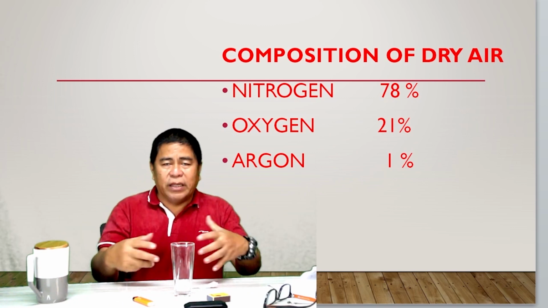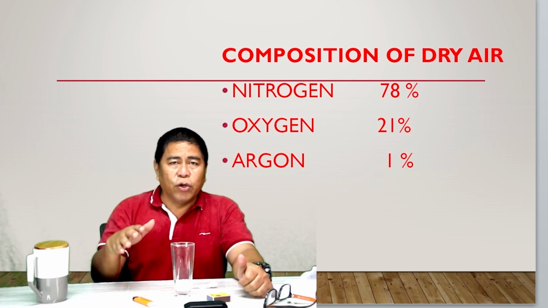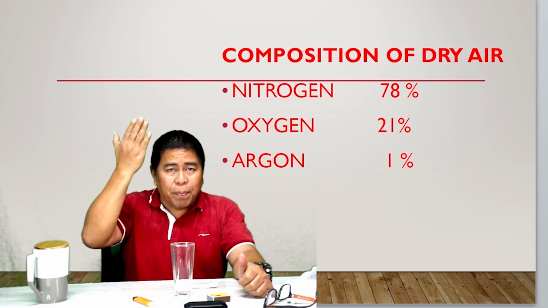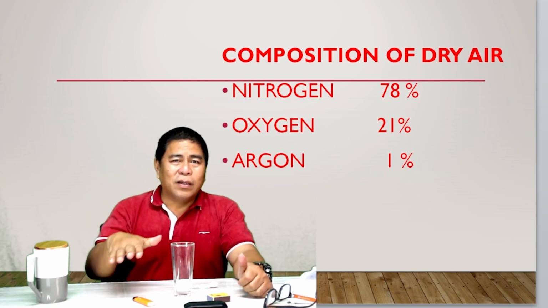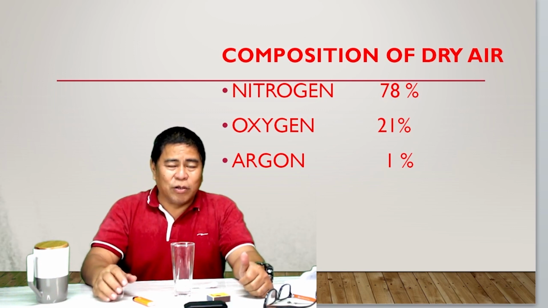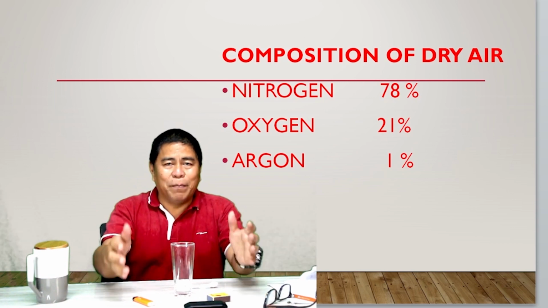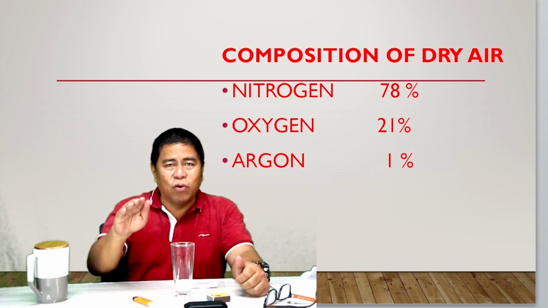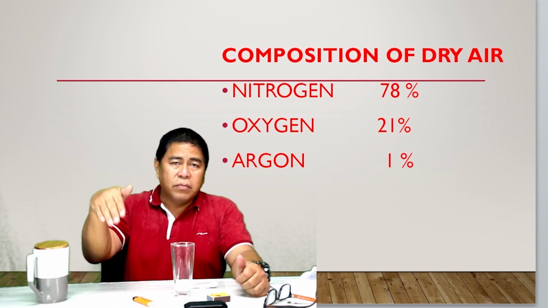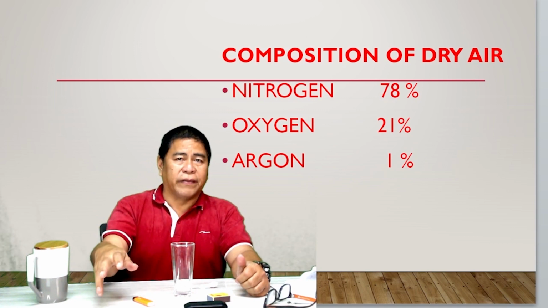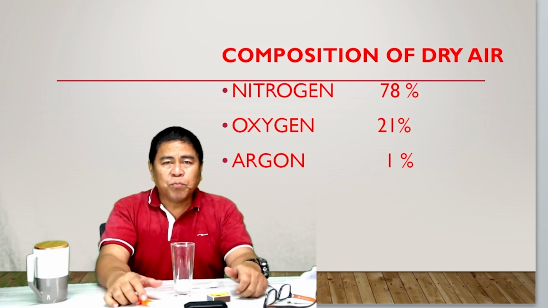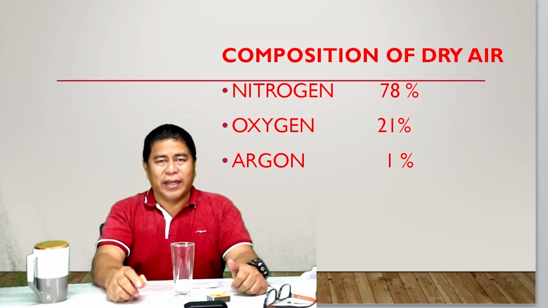In our environment, we have 21%. At ito'y liliit, it goes smaller if you go up and if you go down. So, kung siyempre, papunta ka ng outer space or stratosphere, the percentage of oxygen also goes down. If you also would like to go to the deeper or inner core of the earth, the oxygen is also diminished. Today, I will focus on oxygen.